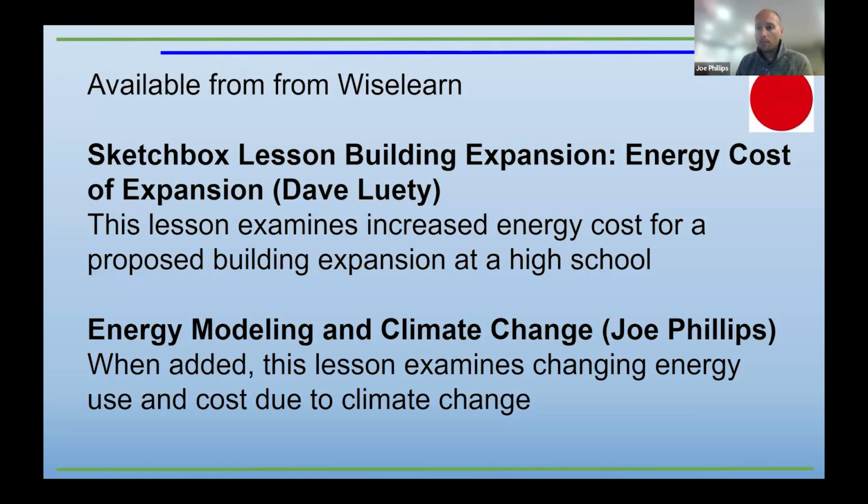You can look on that website, partner that with your Sketchbox inputs, and you can get a lot of different data about, hey, if I have this mall in Eau Claire, Wisconsin right now, and I look on the University of Maryland's website and find out what Eau Claire's temperature and climate is predicted to be like in 60 years, what will buildings cost to operate in 60 years from now? And so there's a lot of great opportunities to put other programs kind of tied in with what you have.